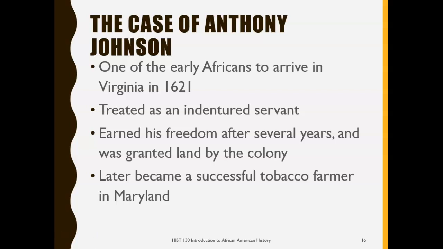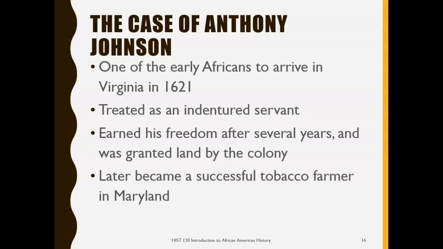Finally, let's finish this lecture with the case of Anthony Johnson, whom I introduced early in this lecture. Anthony Johnson was one of the very first Africans to arrive in Jamestown. He came in 1621, and most likely he was treated as an indentured servant, and as such he earned his freedom a few years after his arrival, and was granted land in the colony.